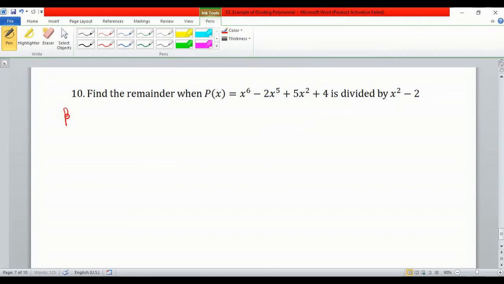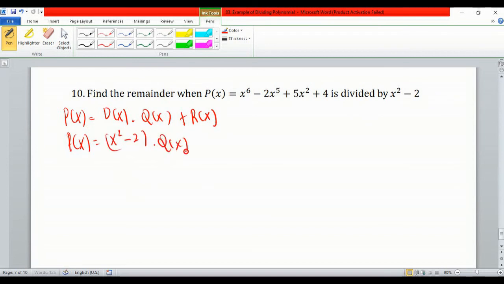Remember, the formula is p(x) equals d(x) times q(x) plus the remainder r(x). So from here p(x) is, and the d(x) is x^2 - 2 times q(x) plus r(x). Okay, x^2 - 2, because this one is the divisor, so x^2 - 2 is equal to 0, so x^2 is equal to 2, right?